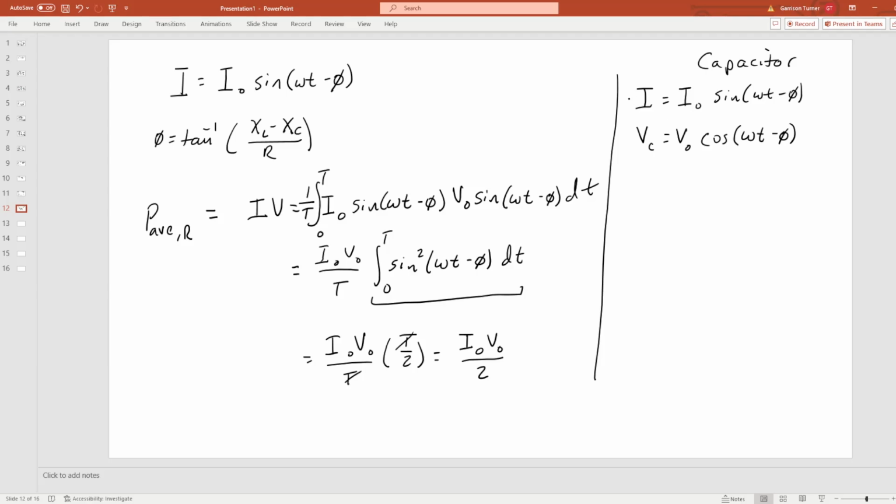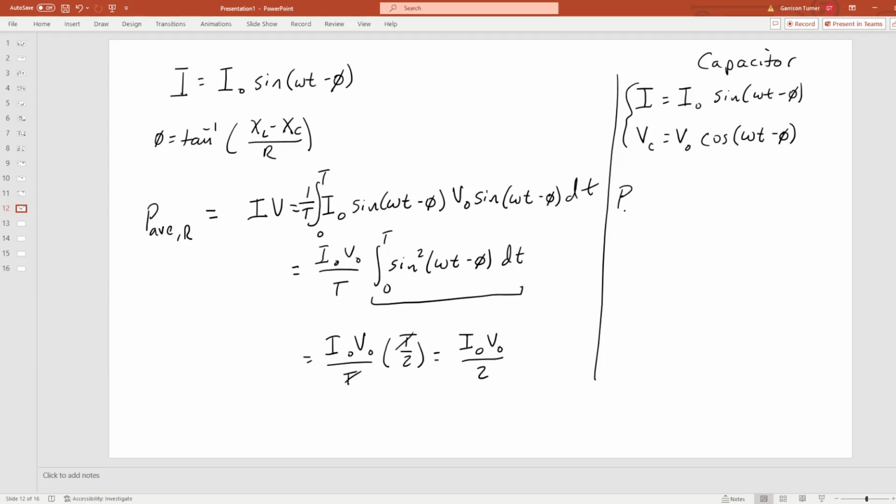You could just as easily write them like this, instead of writing the current as sine of omega t plus pi over 2, you can shift the voltage as the cosine function. The point being that these are just shifted by 90 degrees. That's really the bottom line.